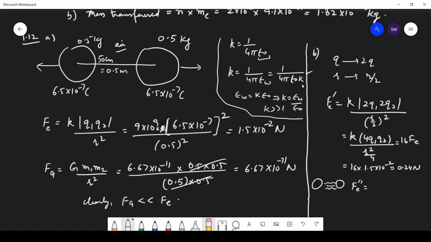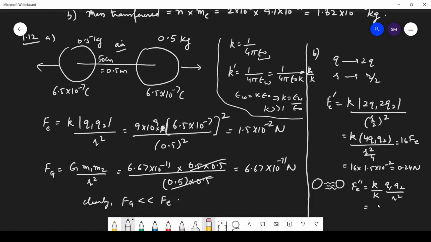Now in this formula, this K is Coulomb's constant and this is the dielectric constant. So this is K dash, we can say. This K dash will be K upon K, and the rest of the things are the same.